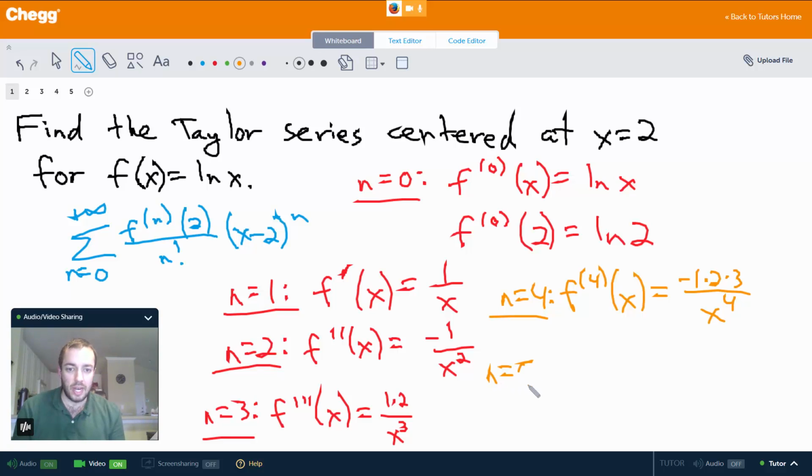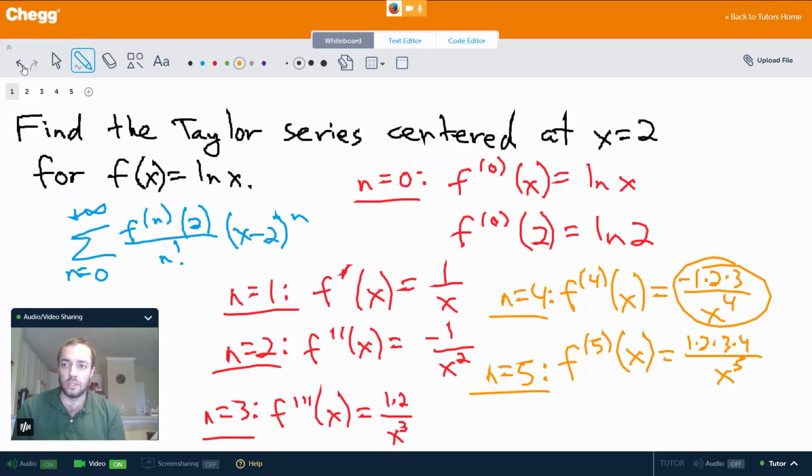If n equals 5, then the fifth derivative of f at x is going to be 1 times 2 times 3 times 4, all divided by x to the 5th. To find this, we just take the derivative of the fourth derivative, which was this right here. So if we take the derivative of that, then we get this.